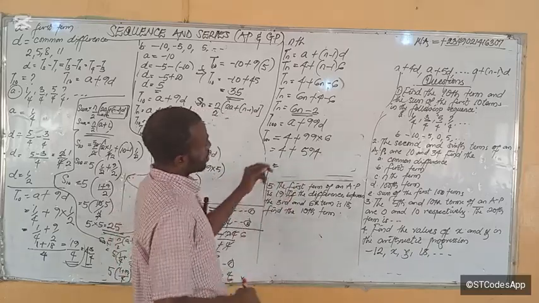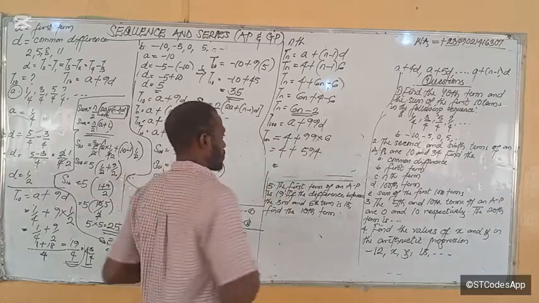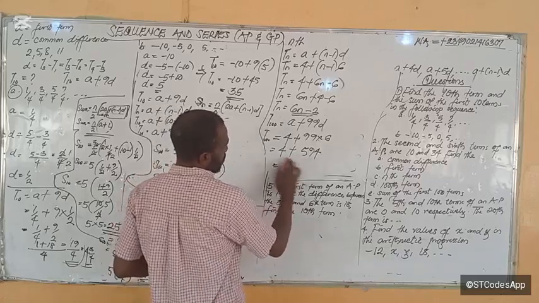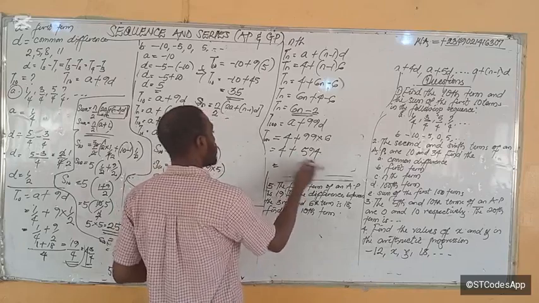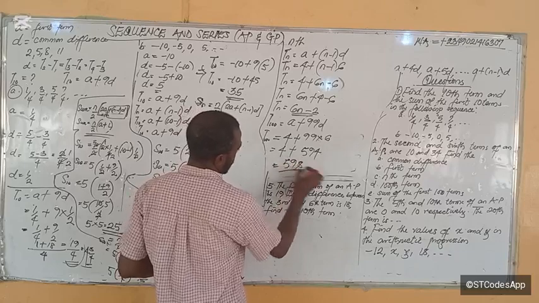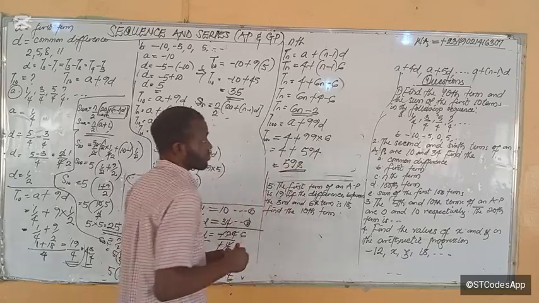Am I correct? 100 times, yes, I'm correct. So here T100 becomes 4 plus this guy, that is 598. All right. So this will be the answer, 598.